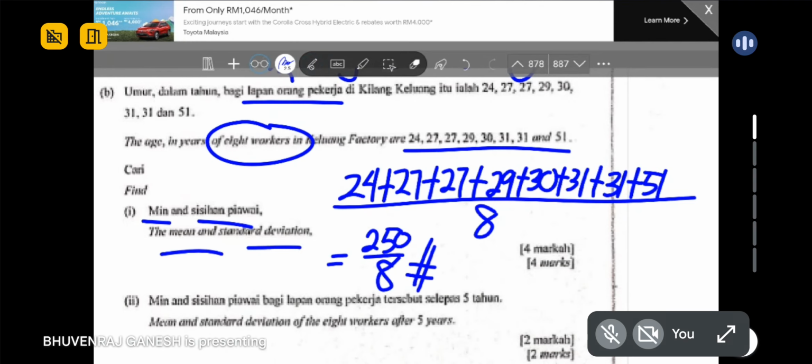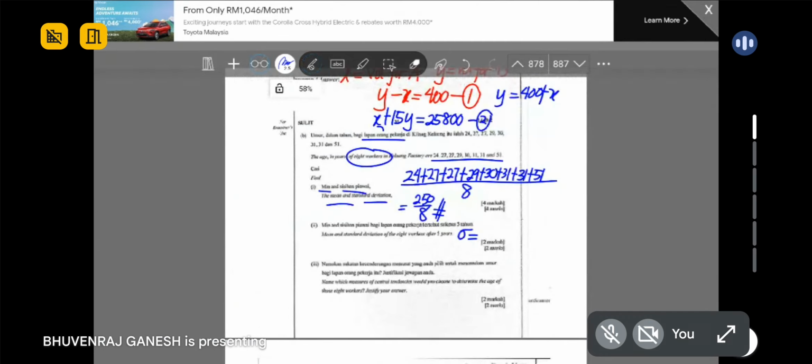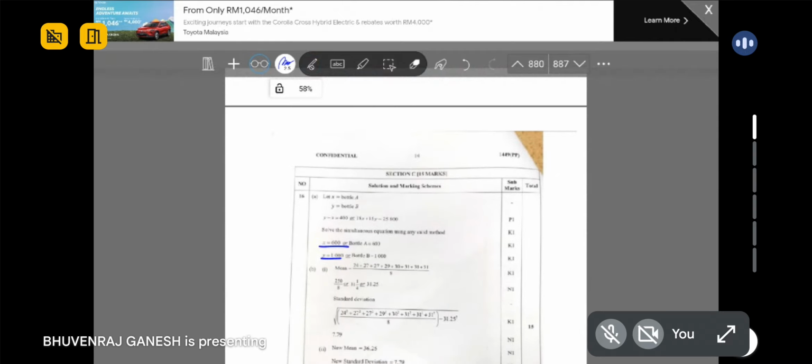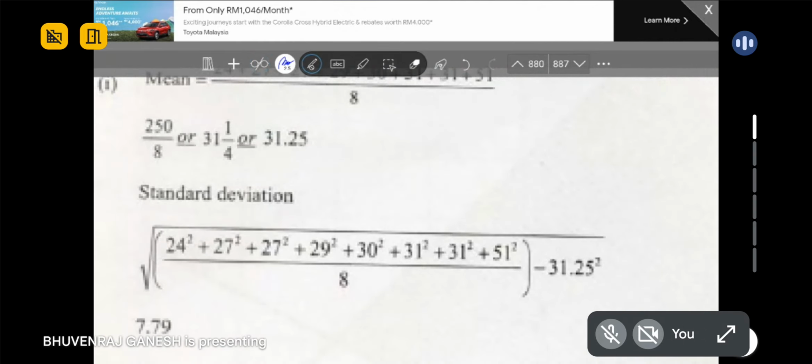And then standard deviation, sisian piawai, you just need to use the formula lah guys. I show you guys. This is the formula. Almost there. You just can find the formula in front of your maths paper. This formula given guys. Almost ni diberi, so tak payah hafal. So basically you just take everything, you square it and plus.